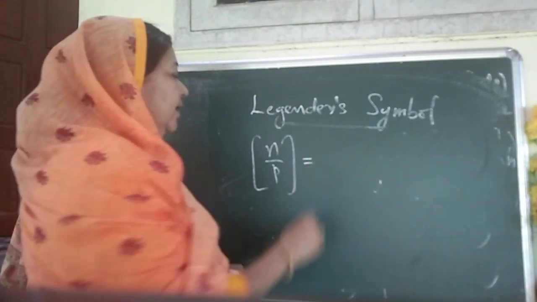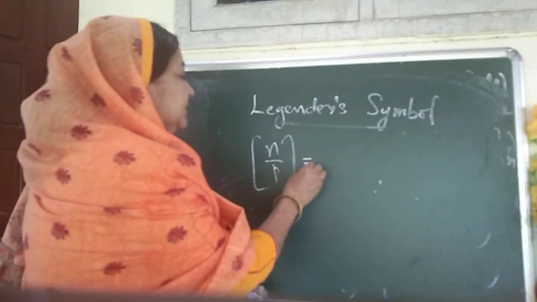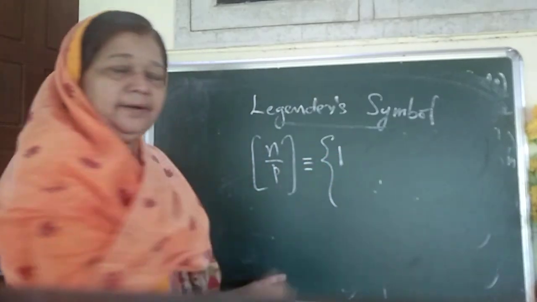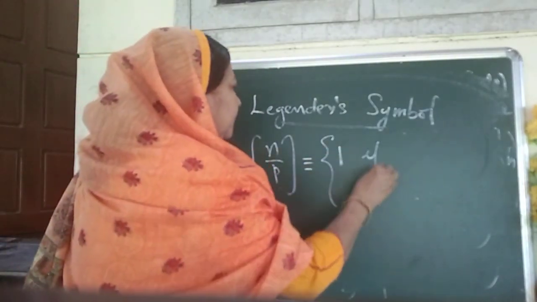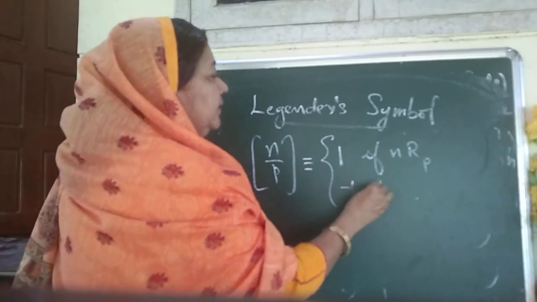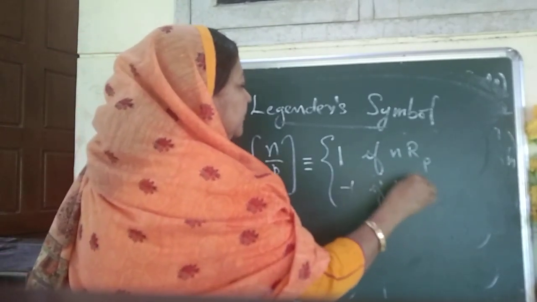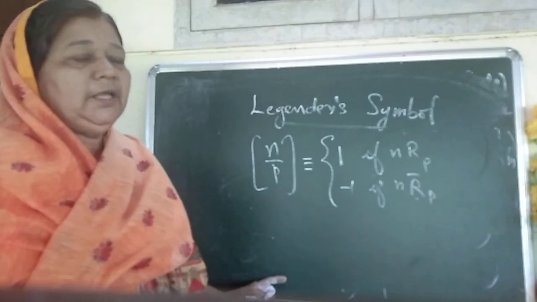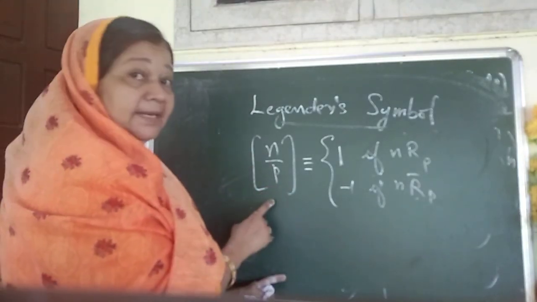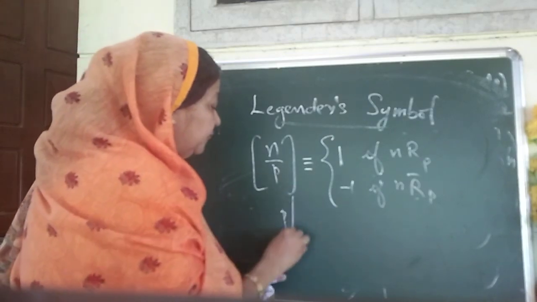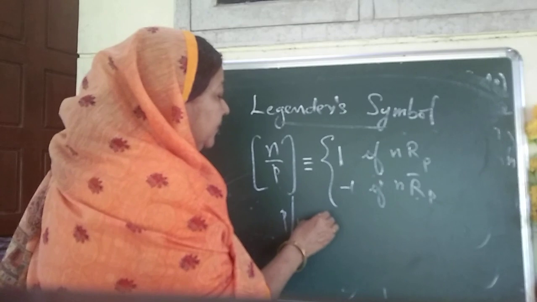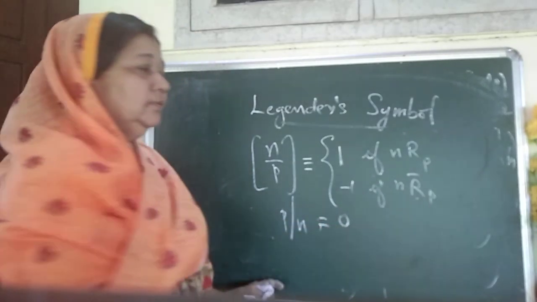Then the Legendre symbol n by p equals 1 if n is a quadratic residue mod p, and minus 1 if n is a quadratic non-residue mod p. Furthermore, if n is a multiple of p, that is if p divides n, then n by p equals 0.